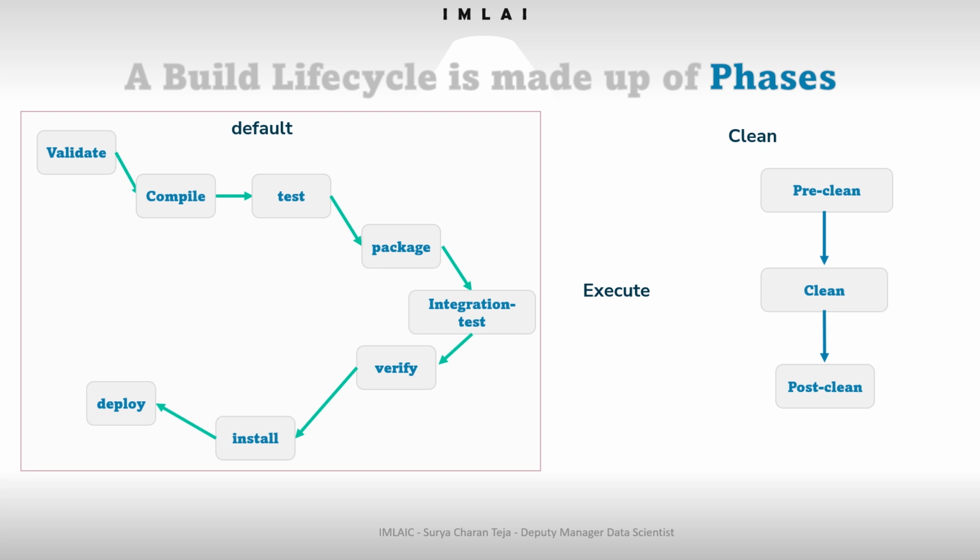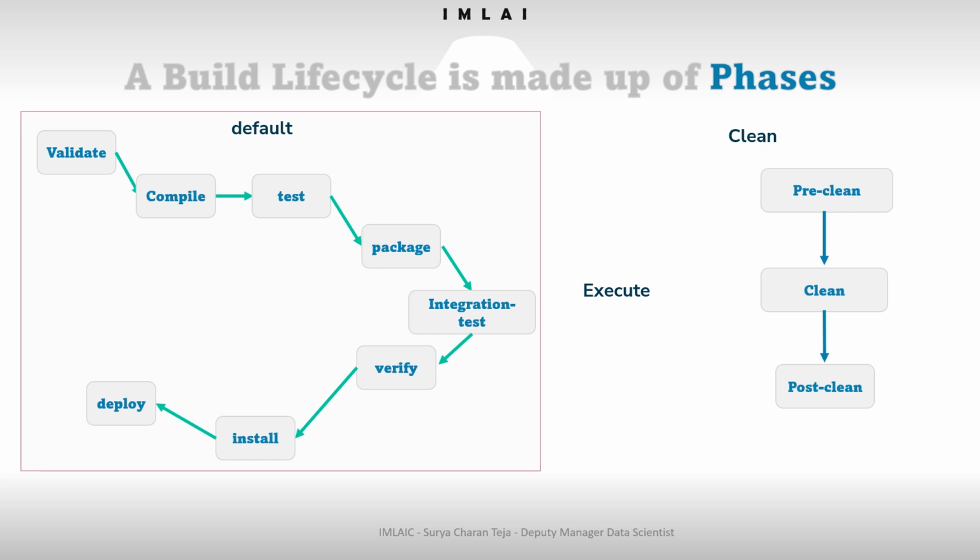Means you put it in your local repository, and then from here you put that installed package into some other repository for a different purpose. Could be testing, could be staging, could be quality assurance, and this is called deploy. This is the complete default build life cycle, and these are the different phases in it.